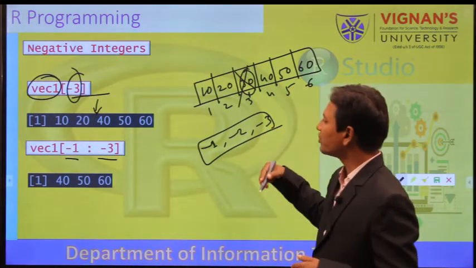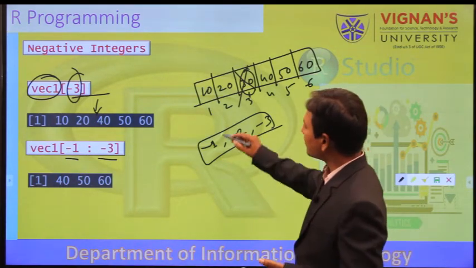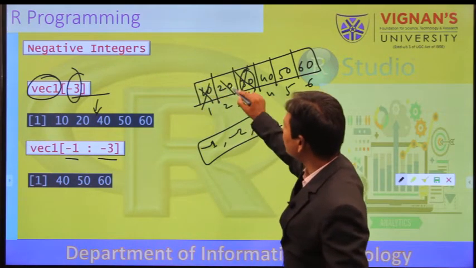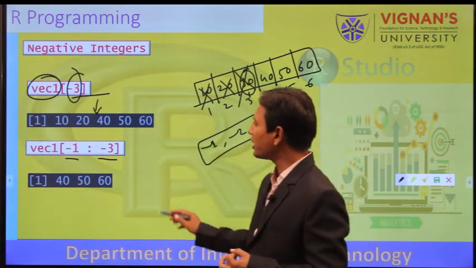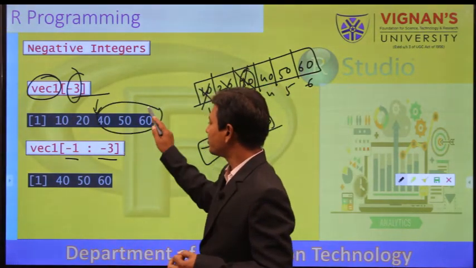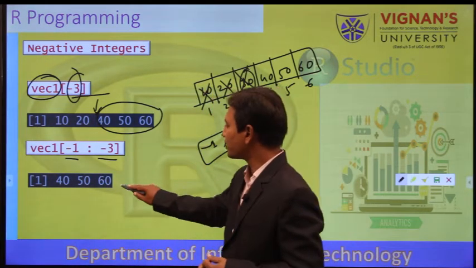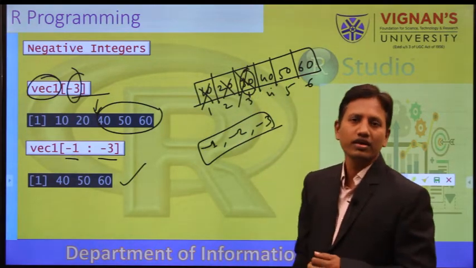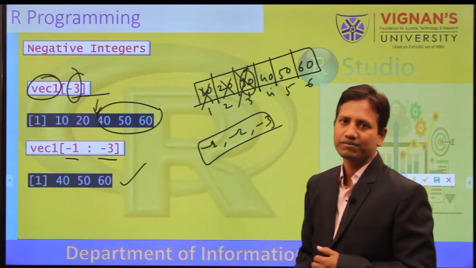These 3 values it is going to omit. The first index is going to be omitted, second is omitted, and third is going to be omitted. So ultimately you are going to get only the rest of 3. This 40, 50 and 60 you are going to get. So this is the use of negative indexing.